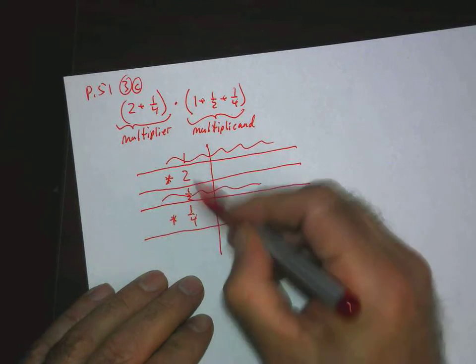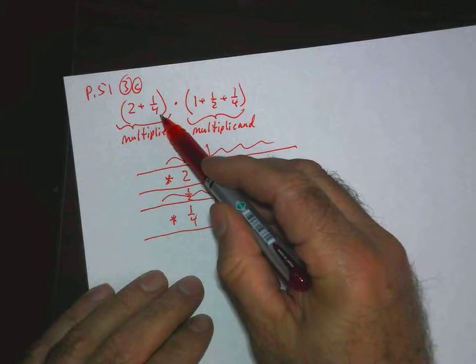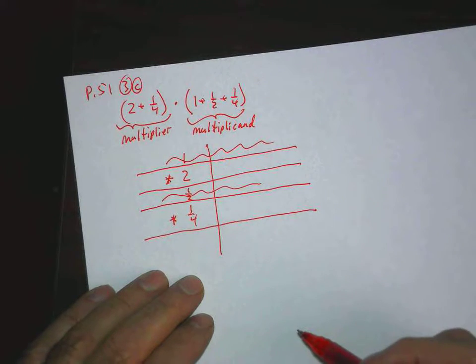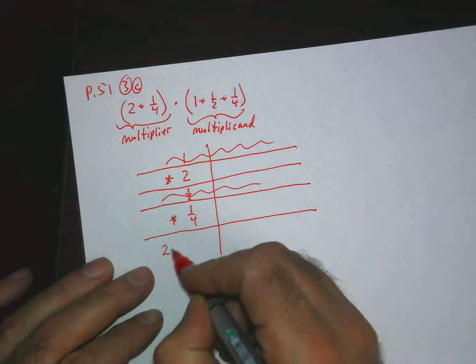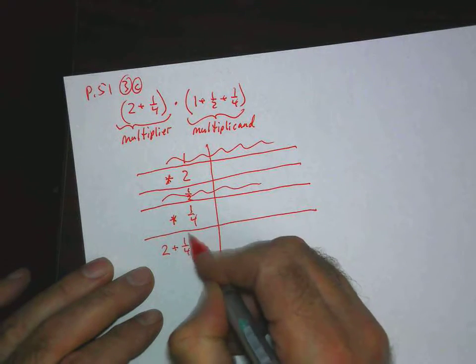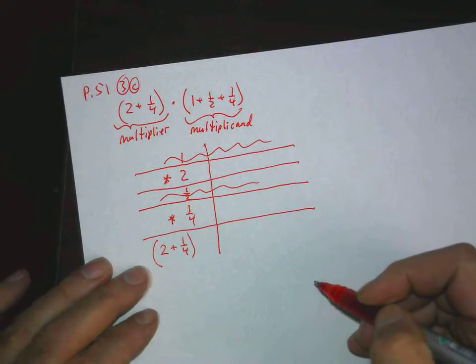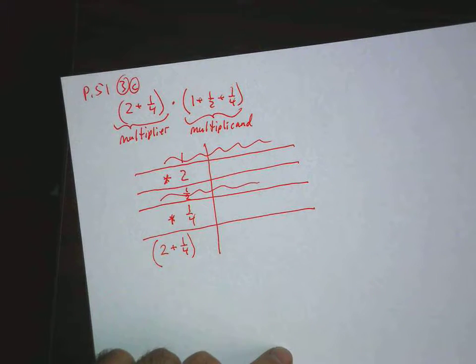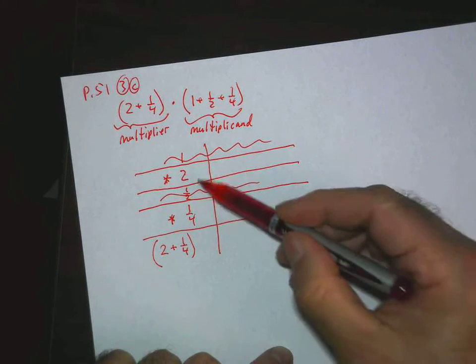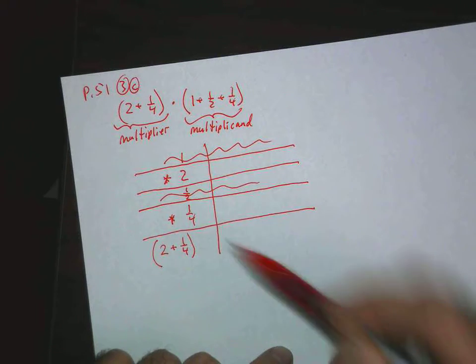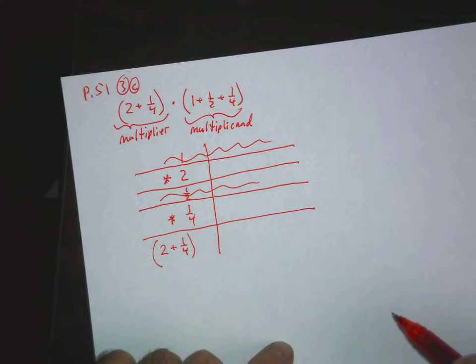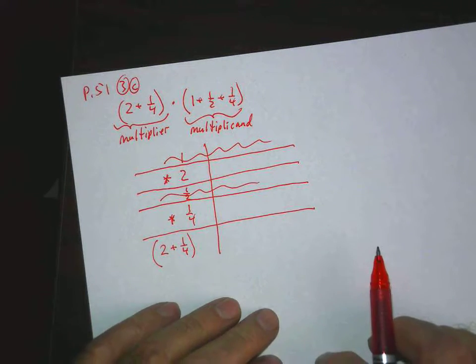I will get 2 plus 1/4, which is exactly what my multiplier is. I add these two together, I get 2 plus 1/4. That's my multiplier. Beautiful. I'm ready to go to the last step, which is to multiply the multiplicand by those powers of 2 whose sum yields the multiplier.